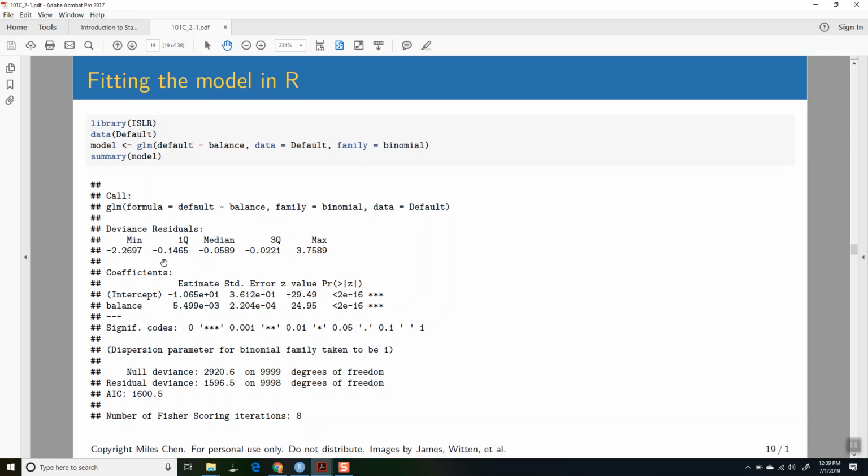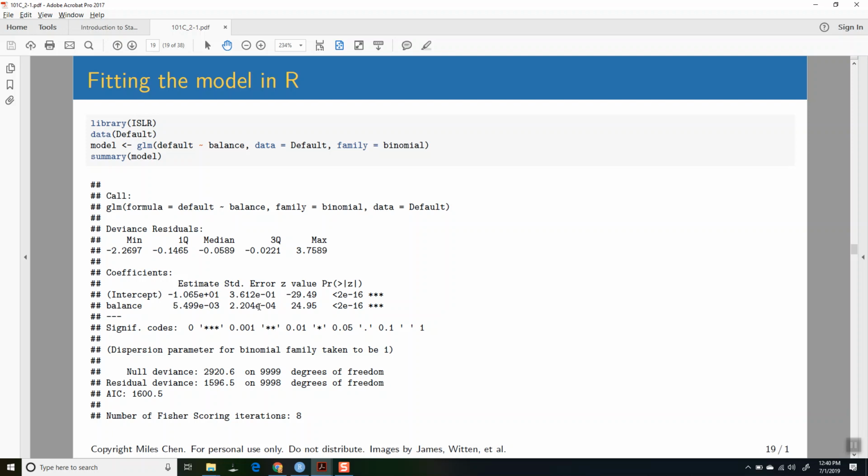Okay, and so this is what we get. We get our coefficient for the intercept to be negative 1.06, and then the coefficient for the balance is 5.499 times 10 to the negative 3, so basically 0.0055. It also calculates standard errors for each of these because they are based on a sample, and if somebody else took a different sample, they would have different coefficient estimates.